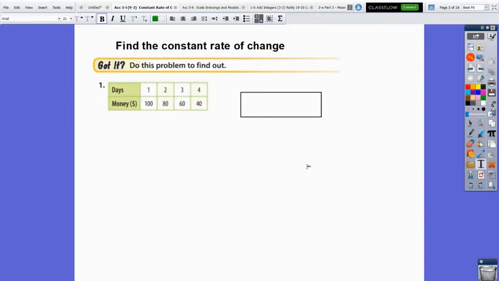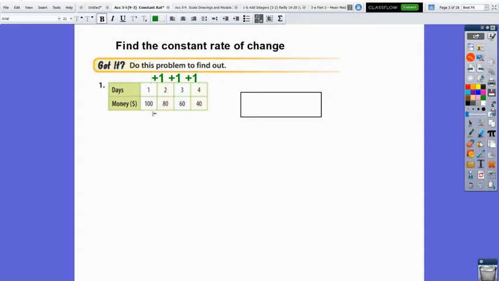So here is an example for you, a quick one. We'll keep the problem simple at this point. So what is the constant rate of change for this table? And it should include units. Well, you should recognize that the days goes up by 1 each time. So you can do a little plus 1, plus 1, plus 1 if you wanted to write that out here.